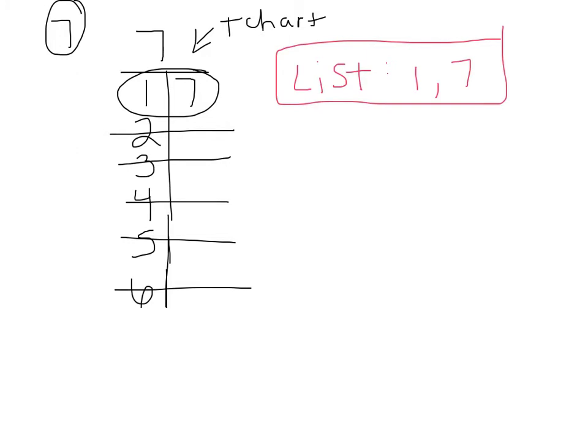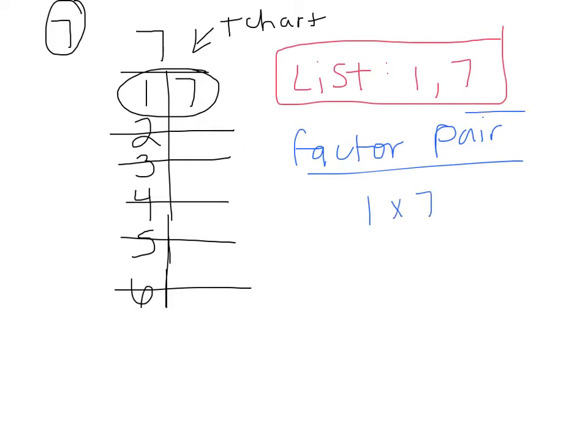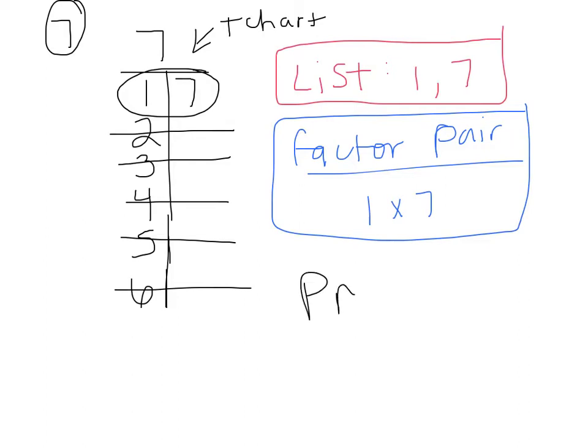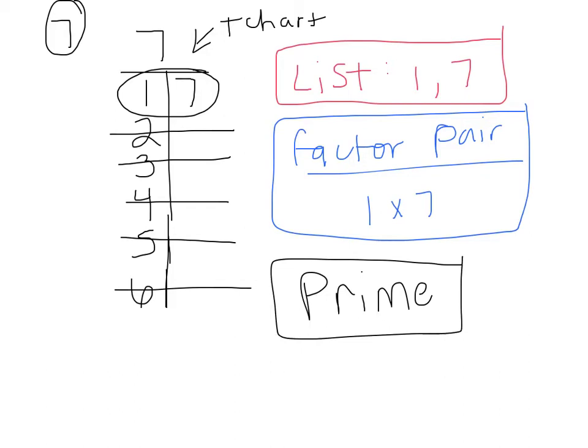You can also write it as a factor pair, like you did on your factor pages earlier. A factor pair is when you have it written as 1 times 7. Since I only have 2 factors, that makes it a prime number. Two factors only makes it a prime number.